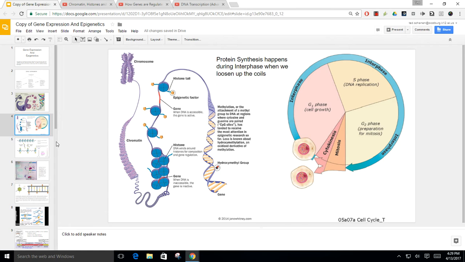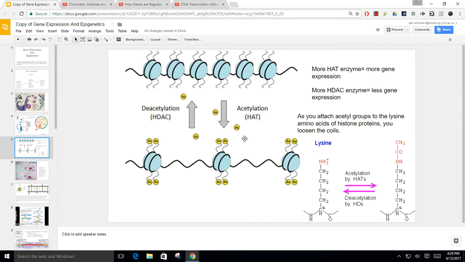So again, all of this comes back to proteins, and there are specific proteins called histone acetylation proteins, and this is going to be an enzyme that's going to ultimately help attach these acetyl groups to the histones, which cause them to loosen up.